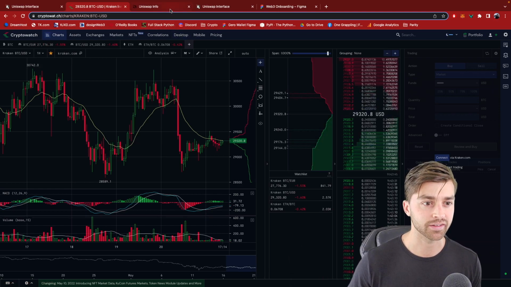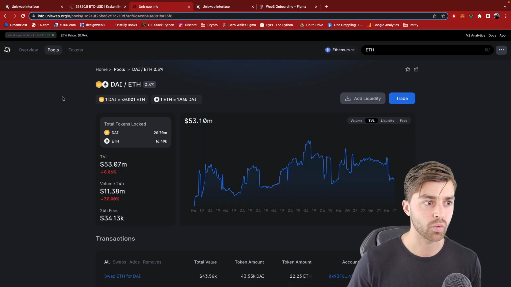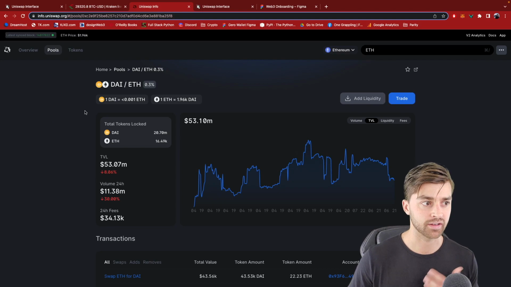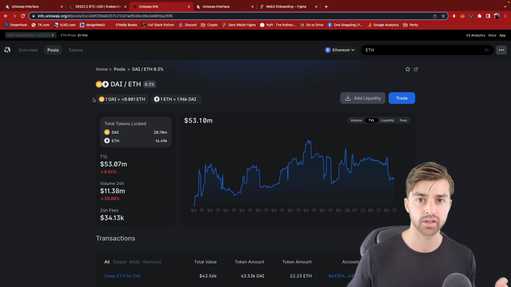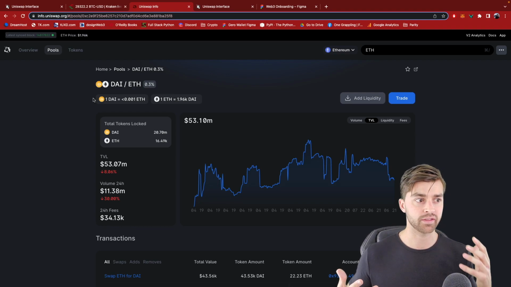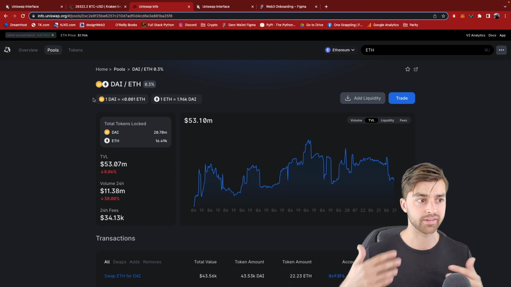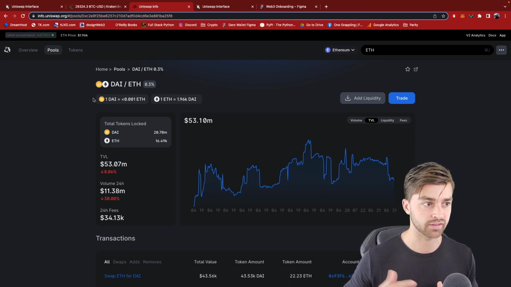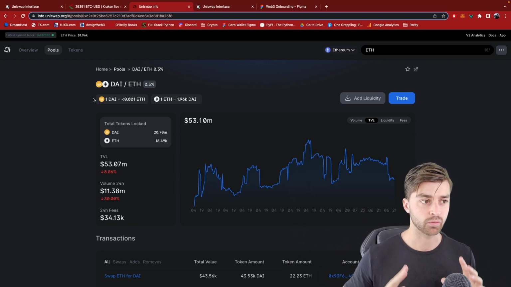So decentralized exchanges had to do something different, and basically what is happening is there are these things called liquidity pools, where people deposit their ETH and DAI tokens. It could be any token pair, but since I just showed you this example of doing a swap from Ether to DAI, we're going to look at this ETH DAI liquidity pool.